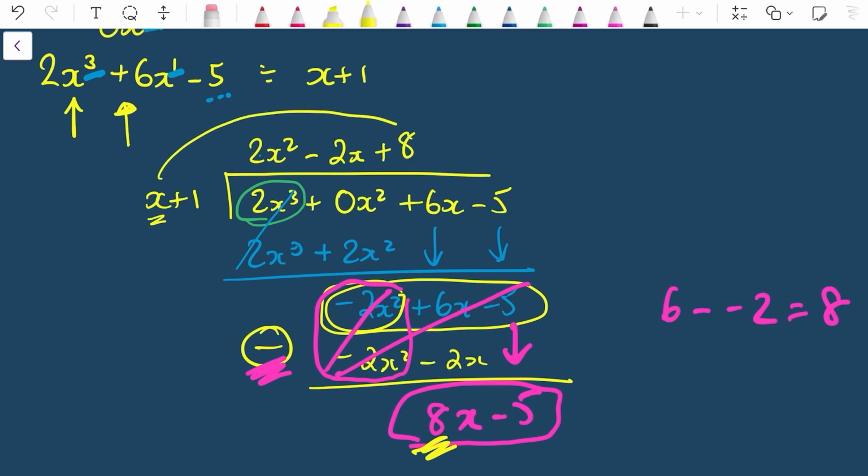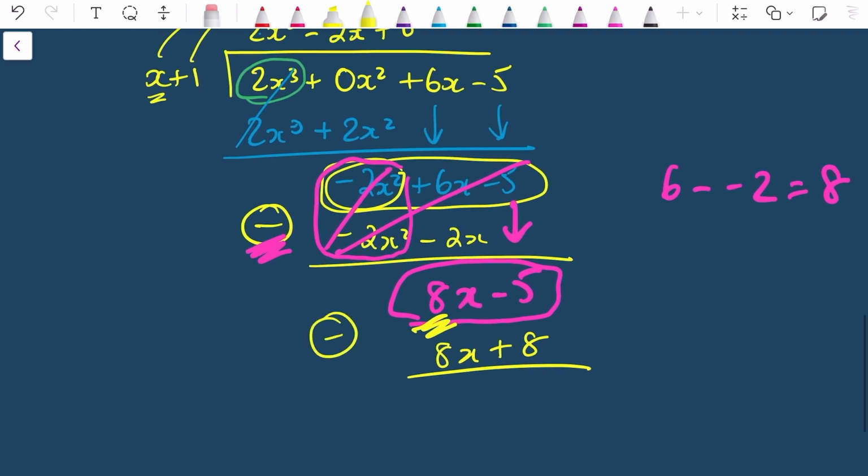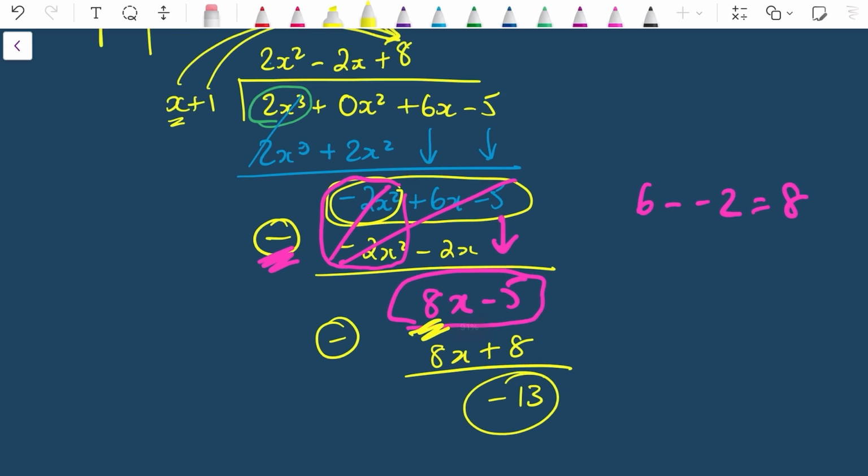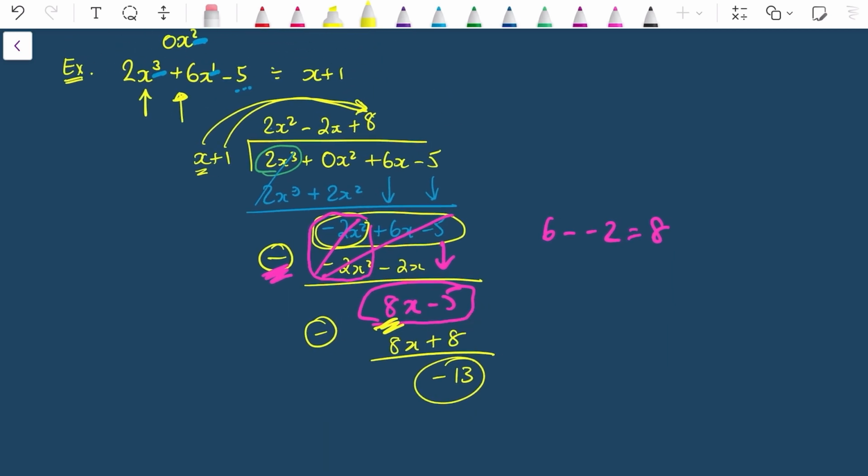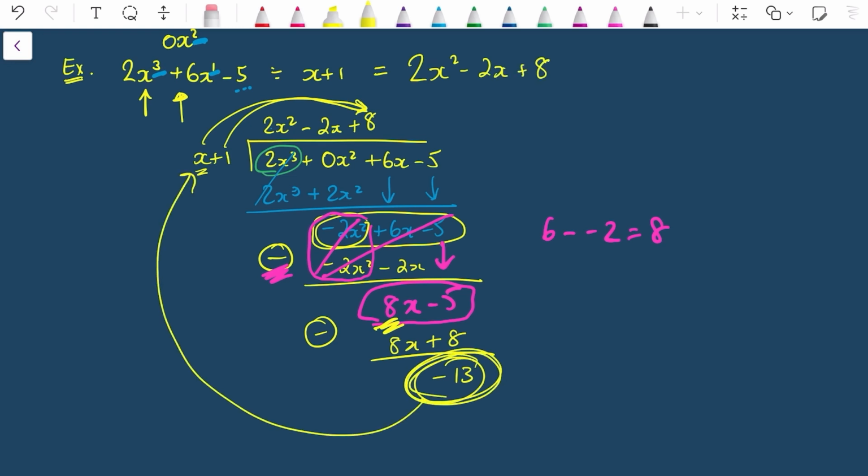So then I go and do that. X times by 8 is 8x. Plus 1 times by 8 is positive 8. And I subtract. And I will get negative 5 take away 8 gives me negative 13. And this is my remainder. So the answer to this question is 2x squared minus 2x plus 8, and a remainder of negative 13.